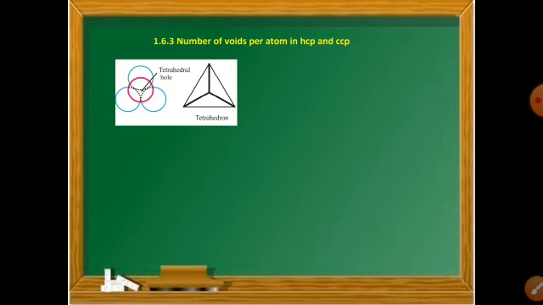That space is called a tetrahedral hole, or it is called a tetrahedral void, and the shape we get is called a tetrahedron.